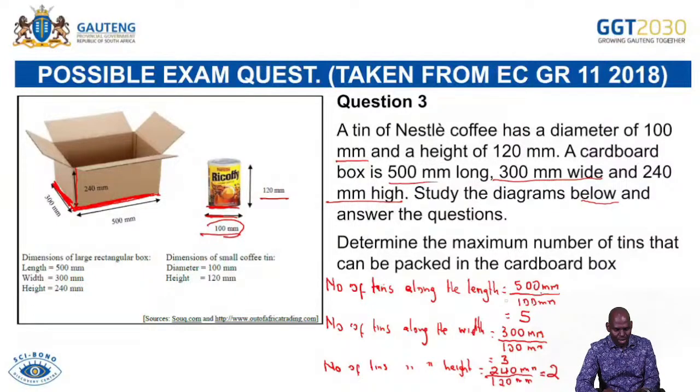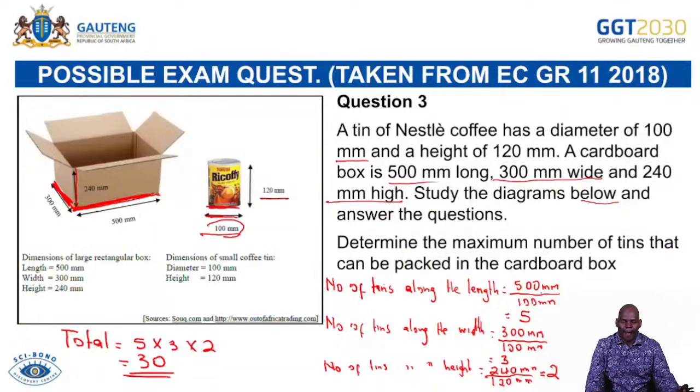So the total number of tins in this case is 5 multiplied by 3 and then multiplied by 2. 5 times 3 is 15. 15 times 2 is 30. So the total number of tins that will fit in this box is 30.